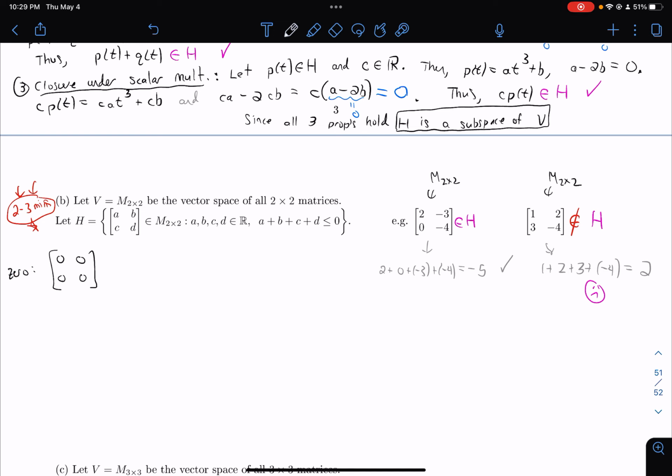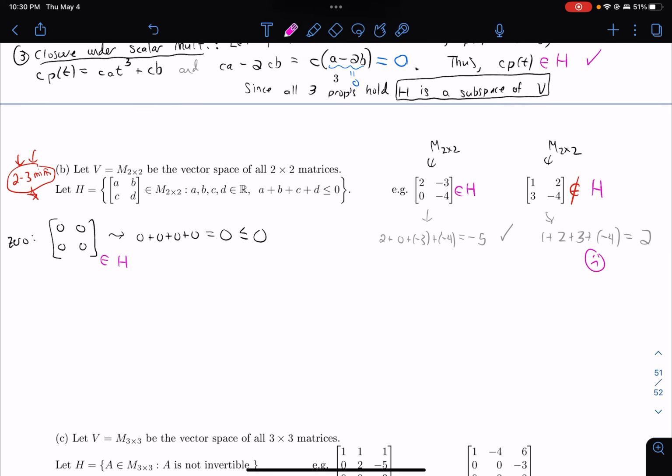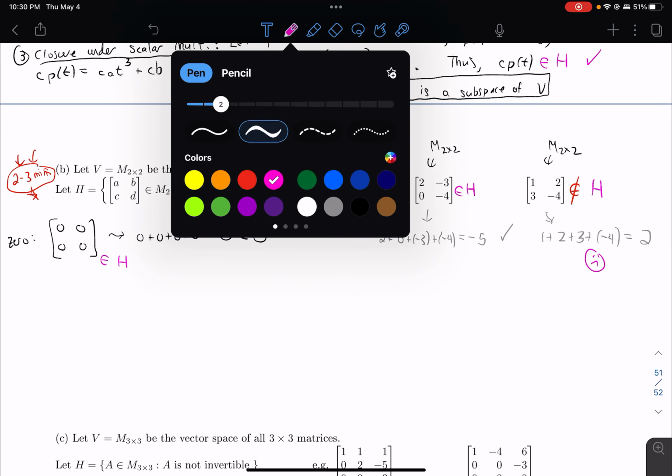Well, yeah, if I add up all the entries, 0 plus 0 plus 0 plus 0, that is 0. And that does happen to be less than or equal to 0, like I need it to be. So this is in H. So that property isn't going to fail. That property holds. So what property might not work?